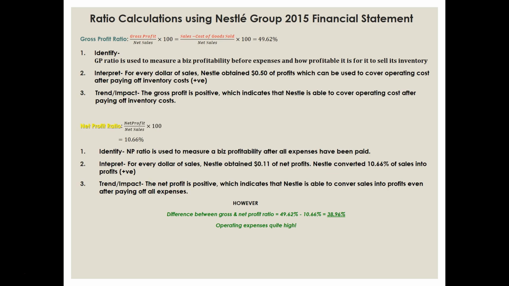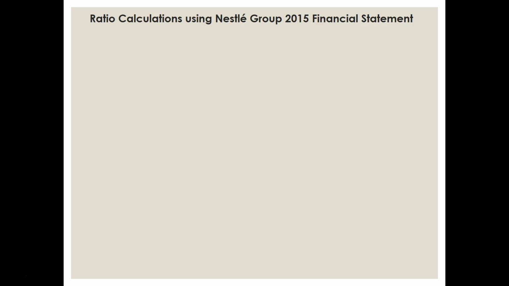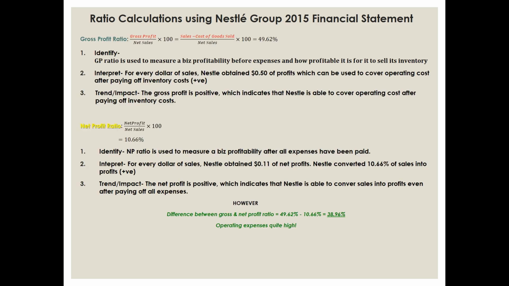And for Nestle to spend 38.96% of profits on operating expense, it indicates that it's quite high. Okay, so a better sign for Nestle's profitability, obviously, if their gross profit and net profit are high, but there's not too much difference between them.